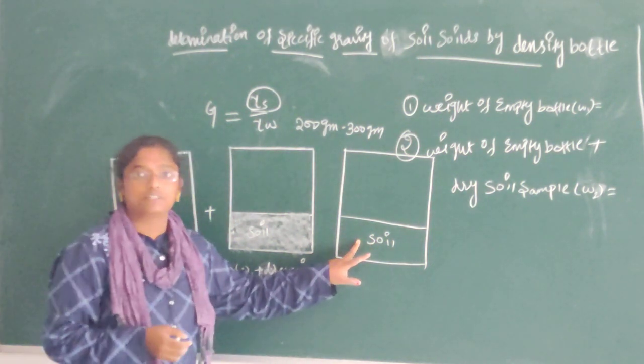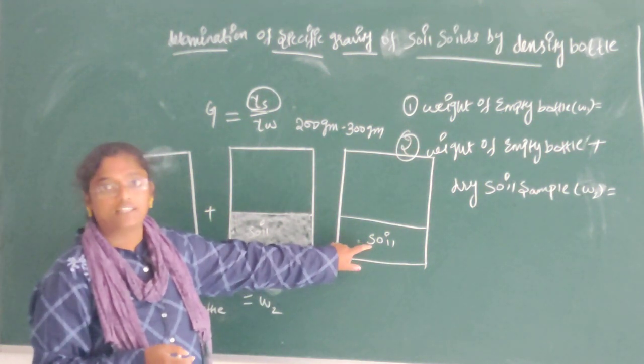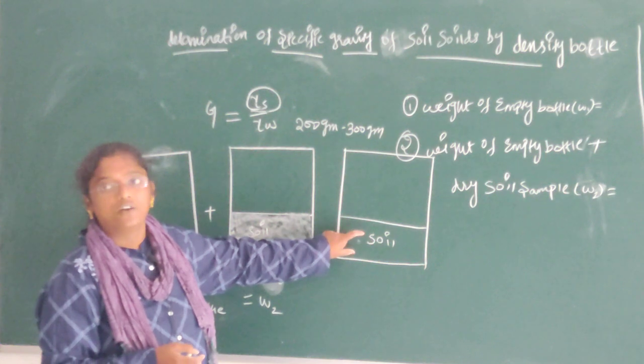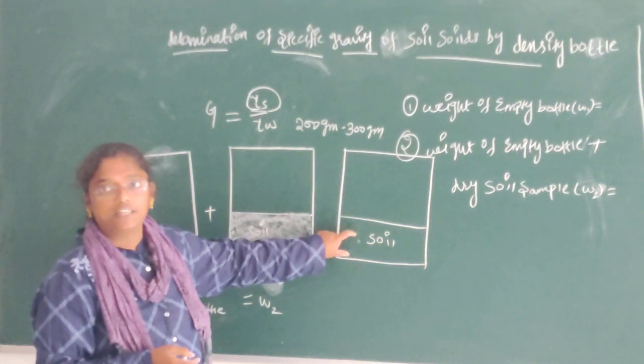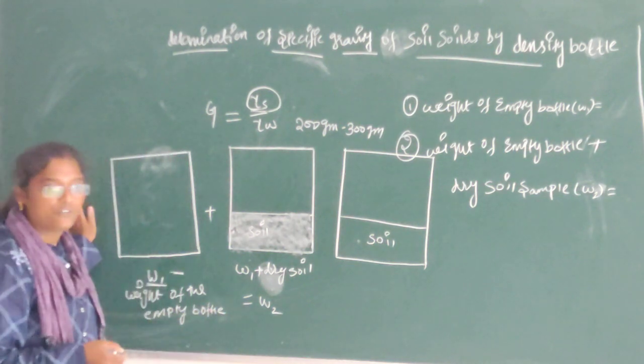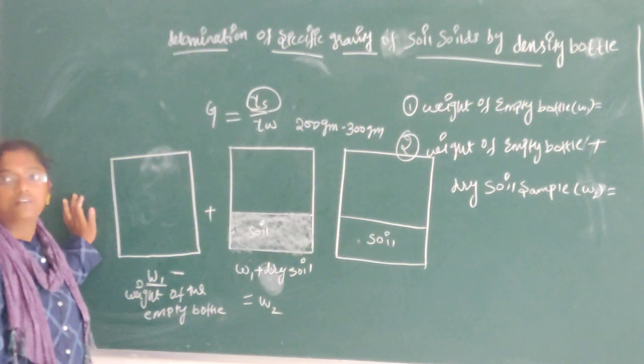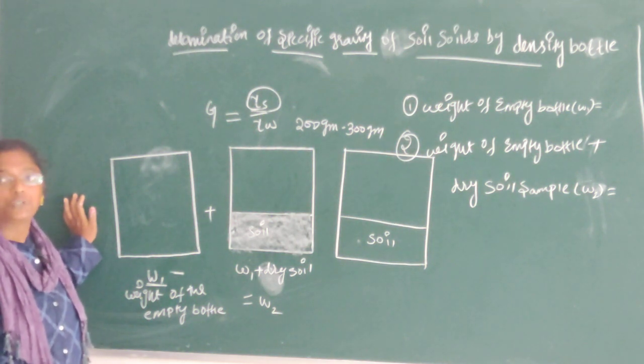When the soil becomes saturated, the voids which are present in the soil are completely filled with the water content. According to the procedure, we have to soak the soil in distilled water overnight, a minimum of 10 to 12 hours.